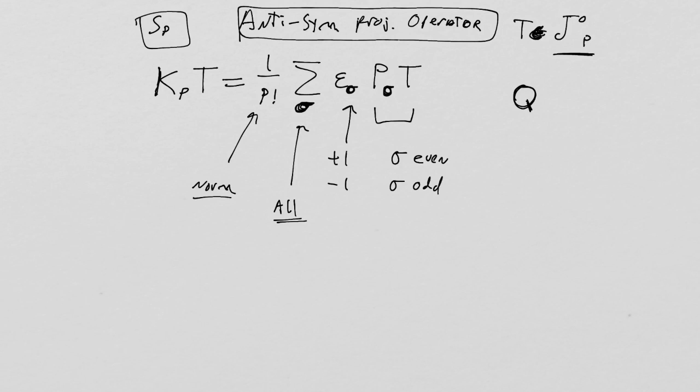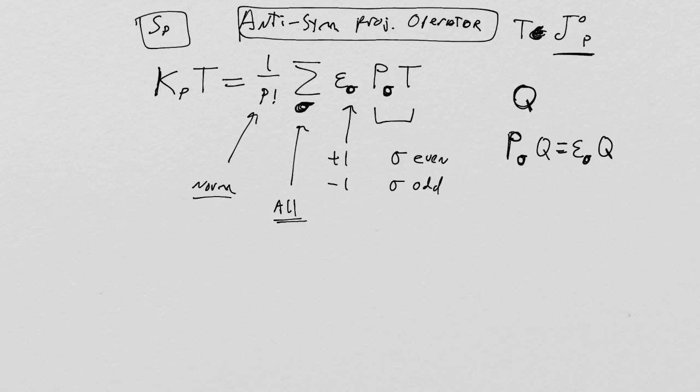It means any sigma transpose on Q returns the sign of the sigma permutation times Q itself.